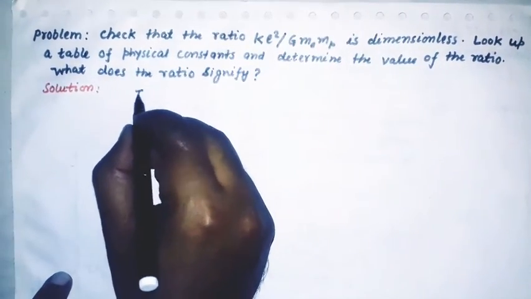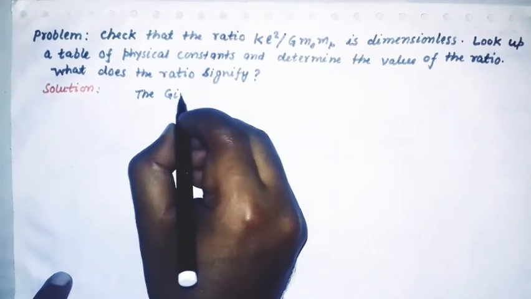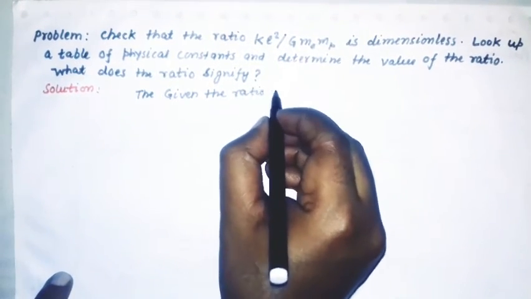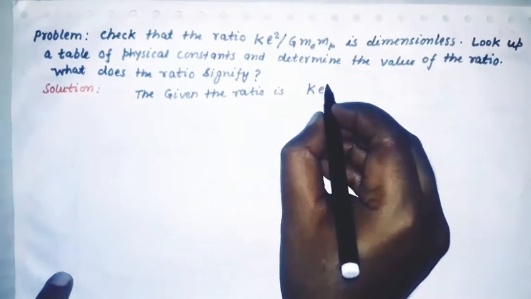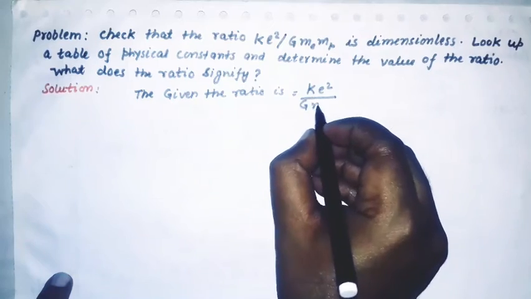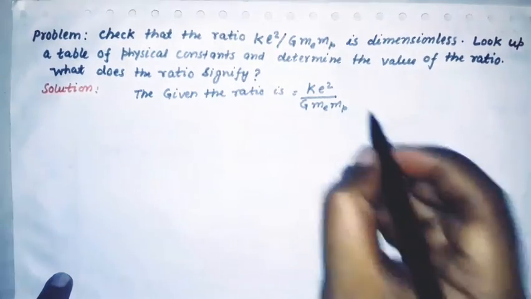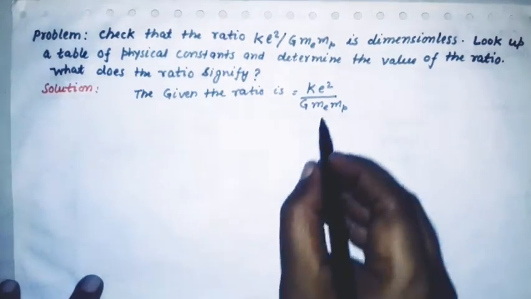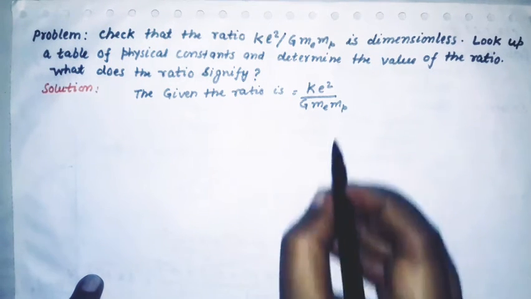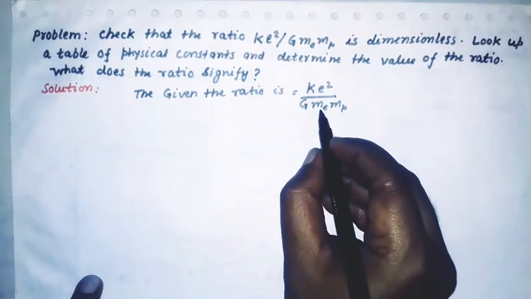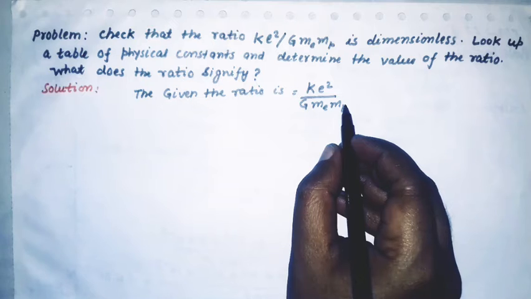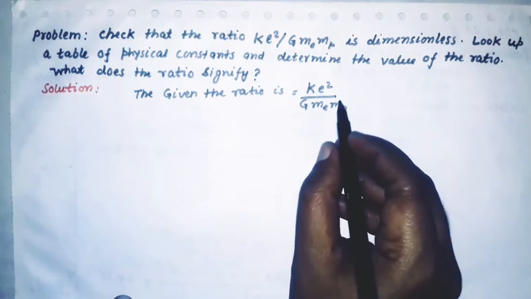First we note down the given ratio, which is K e square divided by G me mp. Here me is the mass of electron and mp is the mass of proton. These both are masses, and usually we use the unit kilogram.